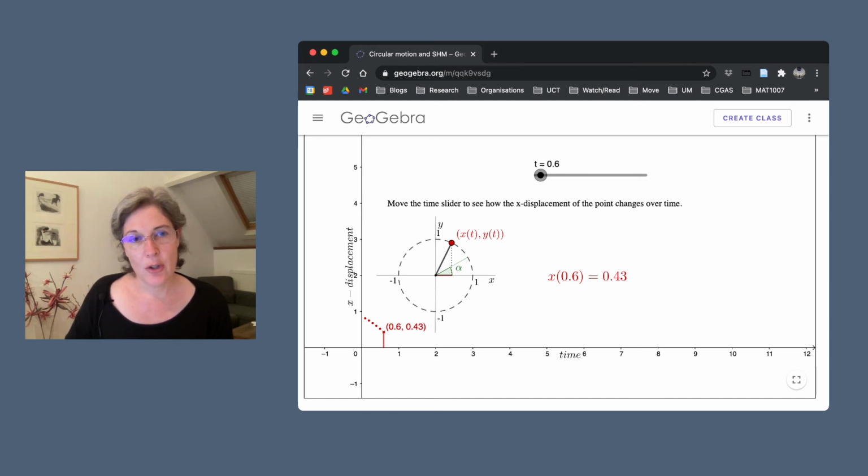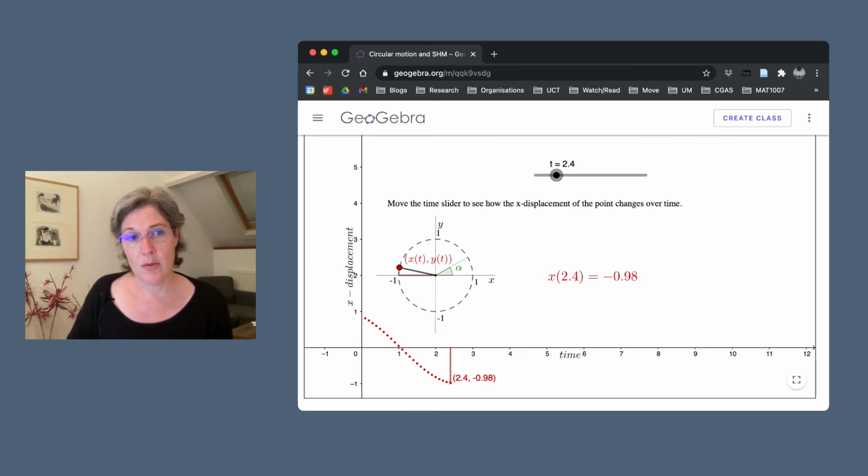And notice what happens. Because we're looking at the cosine of theta, as we're increasing theta, our cosine is getting a bit smaller until eventually it hits 1. If we keep going, now our x displacement is in the opposite direction, so it's negative.